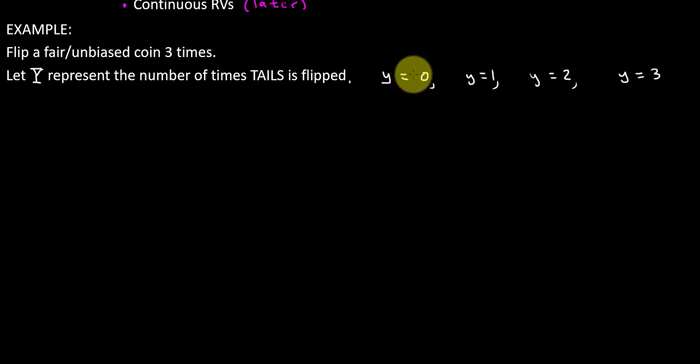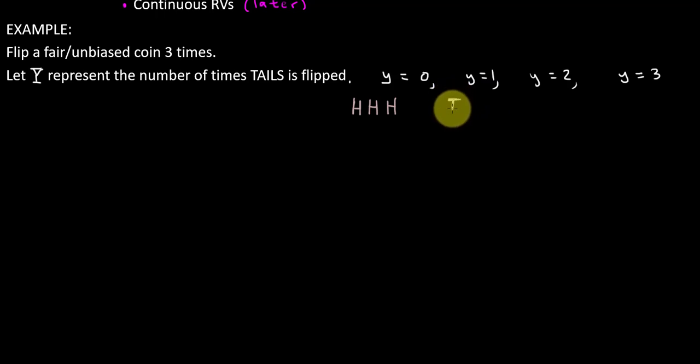Let's consider what 0 tails would look like. Well, wouldn't that be heads, heads, heads? For sure. Let's see what 1 tail could look like. 1 tail in 3 flips.